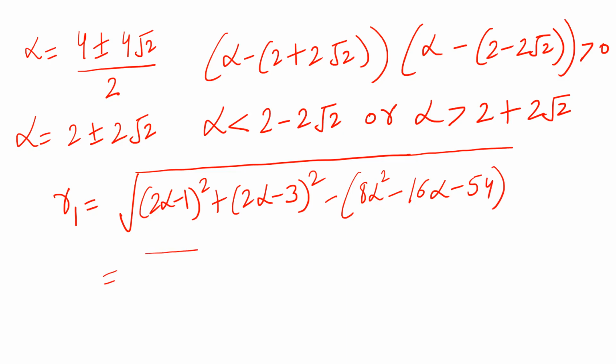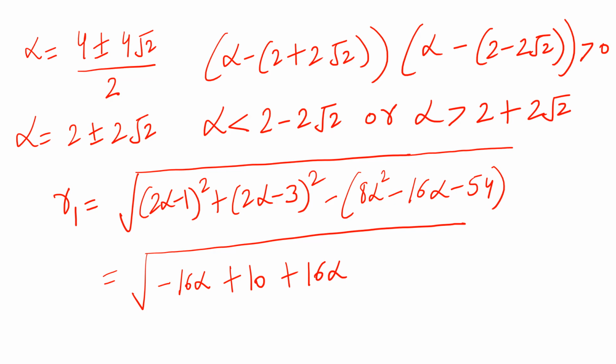And this becomes square root of 8 alpha square and 8 alpha square, they get cancelled, and we get minus 16 alpha plus 10 plus 16 alpha plus 54. So this finally becomes square root of 64, which is just 8.